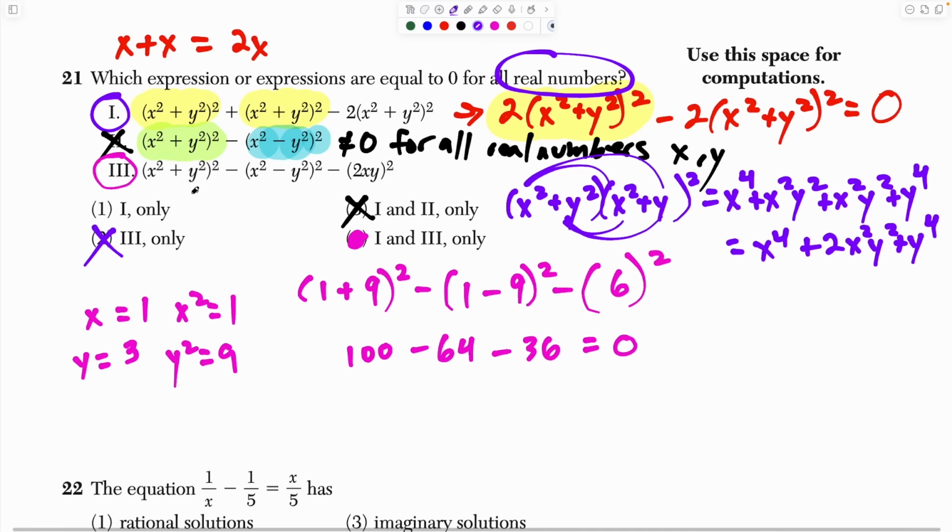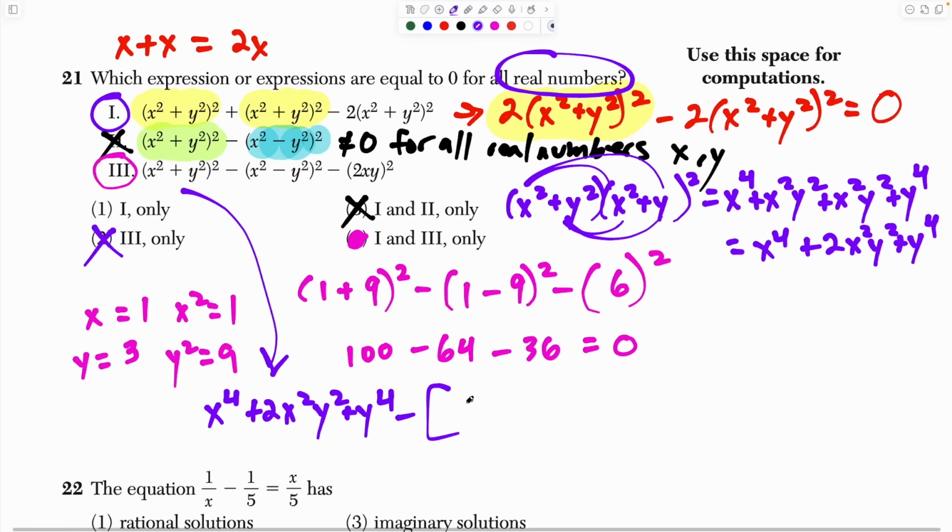So if I were simplifying this the long way, this part here, once again, would be x to the 4th plus 2x squared y squared and then plus y to the 4th. But then I would be subtracting, when I do x squared minus y squared, squared, x to the 4th, but instead of having a plus 2x squared y squared, I have a minus 2x squared y squared and then plus y to the 4th.